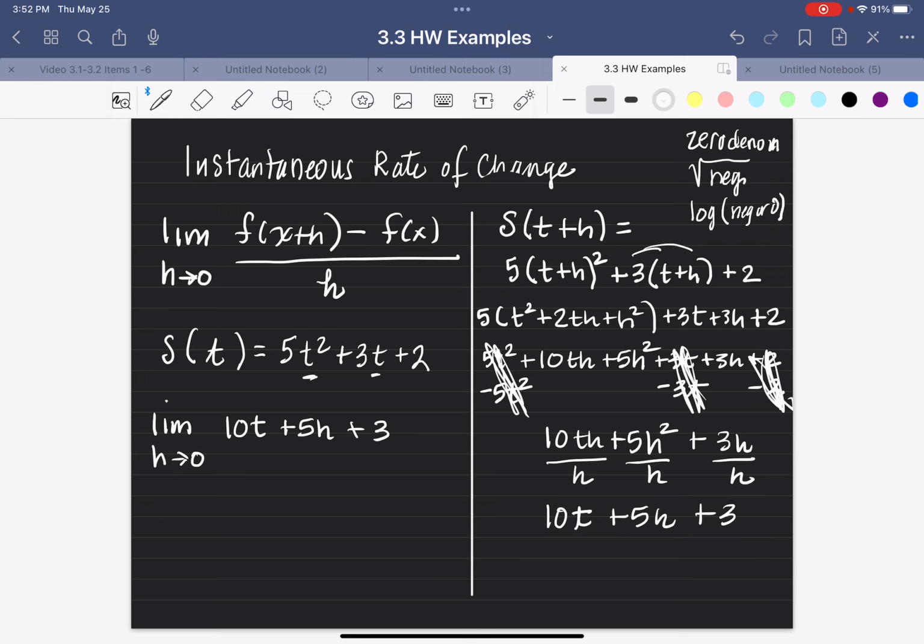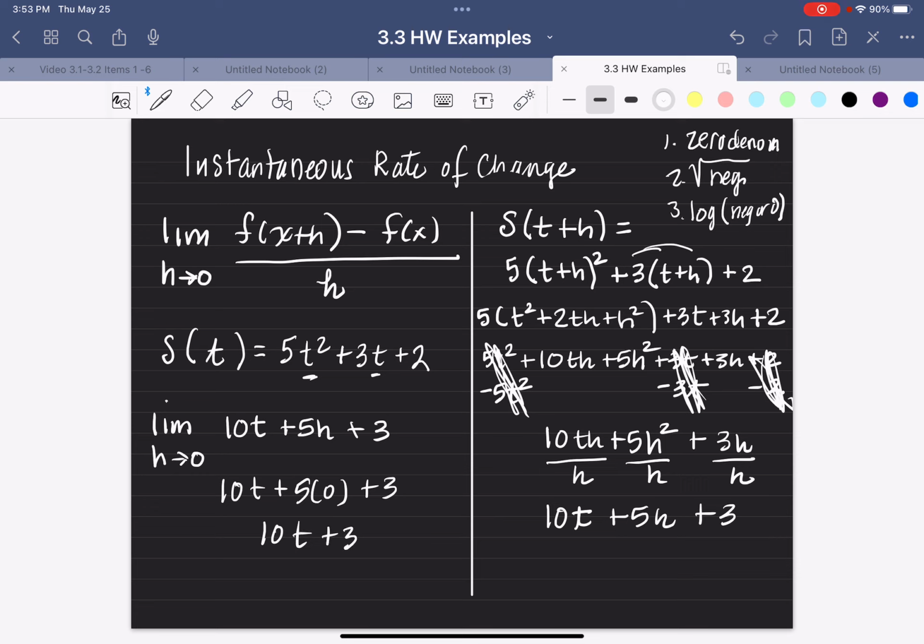So if it's not one of these three problem areas, you can just do substitution. So this is going to be 10t plus 5 times 0 plus 3. So that's 10t plus 3.